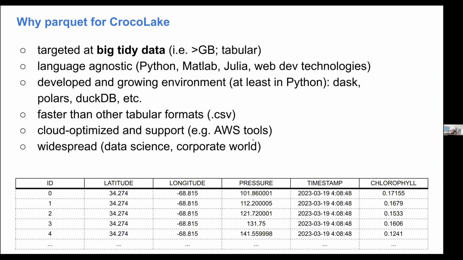And that's why we have used Parquet. We have good interfaces with Python, MATLAB, Julia, and also JavaScript. The environment around it is quite good, it is faster than other tabular formats, and it is cloud optimized for several tools on AWS, for example.